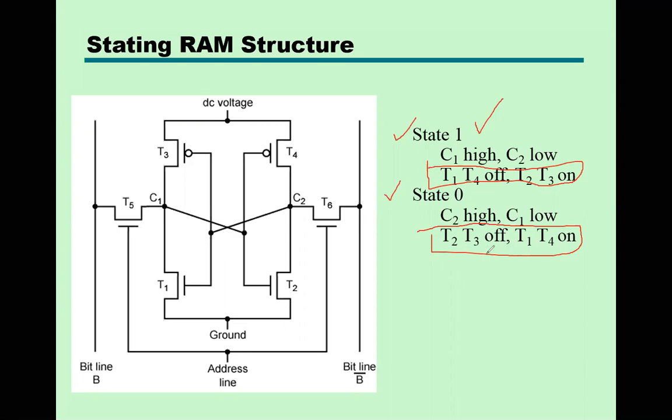If T2 and T3 are off and T1 and T4 are on, the state is 0. So once you change the switch, you do not need to refresh again and again, because the capacitor is not holding any kind of charge. You are simply making the change in the transistors, and in this way you can arrange a value of 1 or 0.